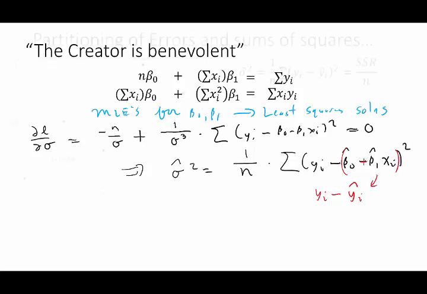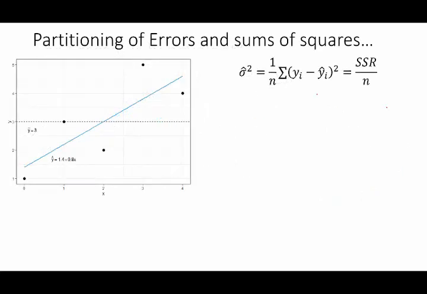I wanted to take a moment to talk about the sigma hat squared a little bit more and what it means in terms of partitioning errors and sums of squares for regression models. Now, if you look at the picture on the left, which shows our toy data along with that best fitting line, y hat equals 1.4 plus 0.8x, we could look at the differences, the vertical distances between each point and the corresponding points on this line.